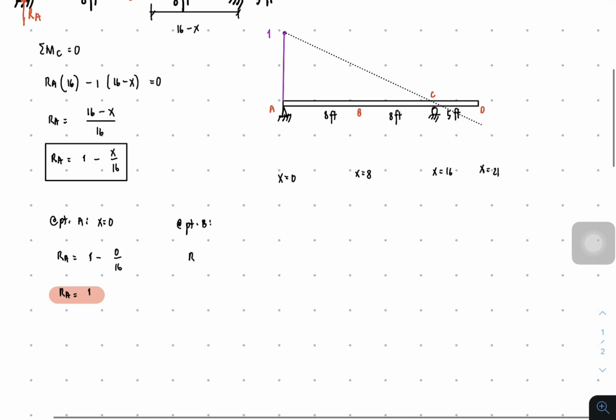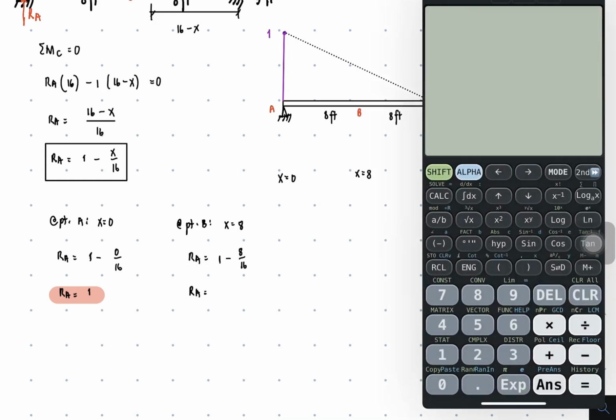So here at point B, RA is equal to, at point B, X is equal to 8. Therefore, RA is equal to 1 minus 8 over 16. So that's 1 minus 1/2.